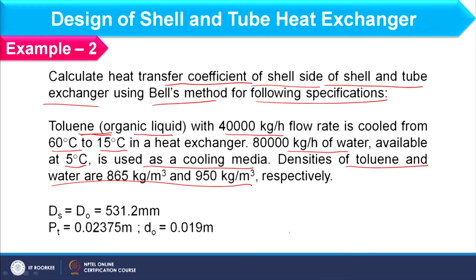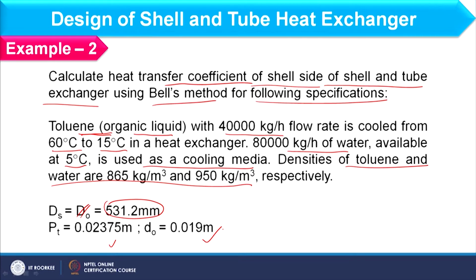Here we are given shell dia as 531.2 mm, and this is not OD, this is basically shell dia. Pitch is given as 0.02375 meter and outer diameter of tube is given as 19 mm.